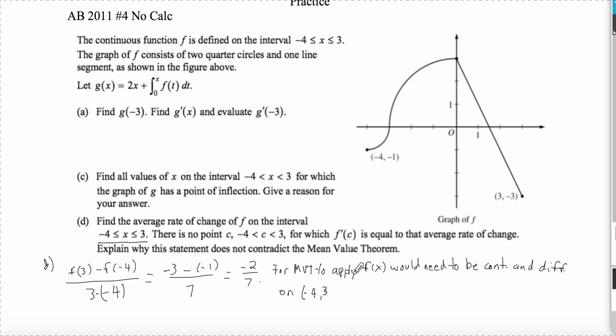Technically, it would need to be continuous on the closed interval and differentiable on the open interval. But to save a little writing here, we'll do this. So f would need to be continuous and differentiable on -4 to 3.